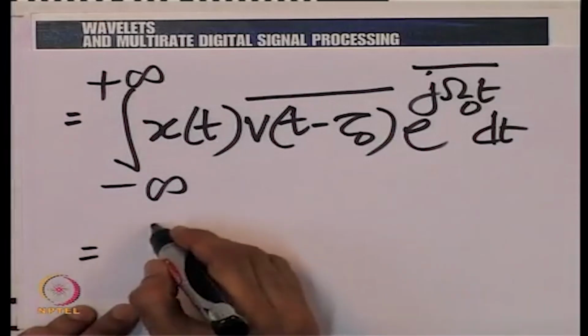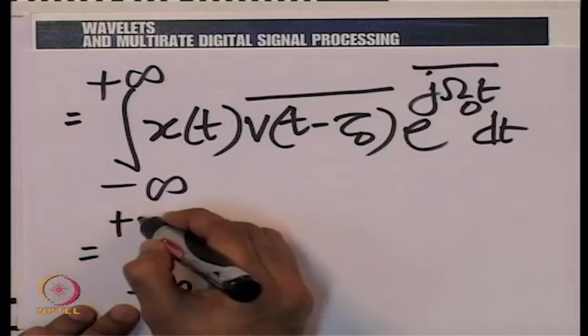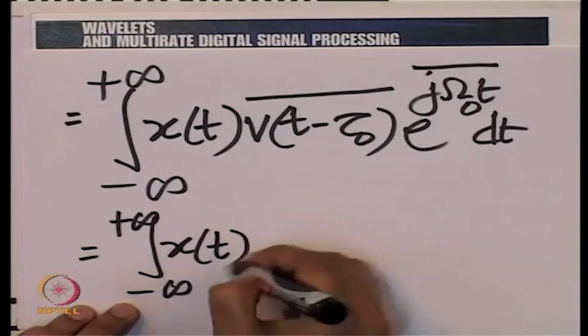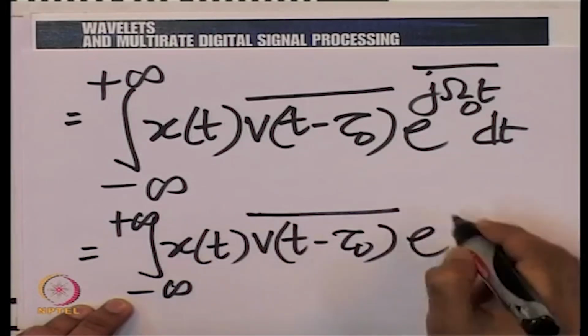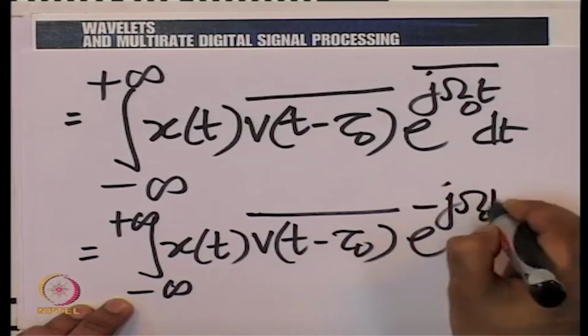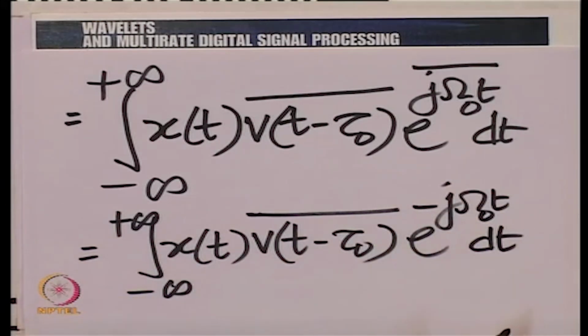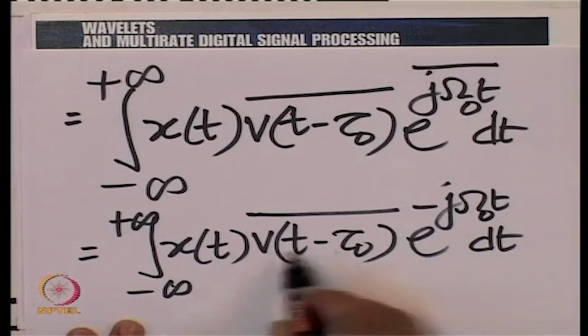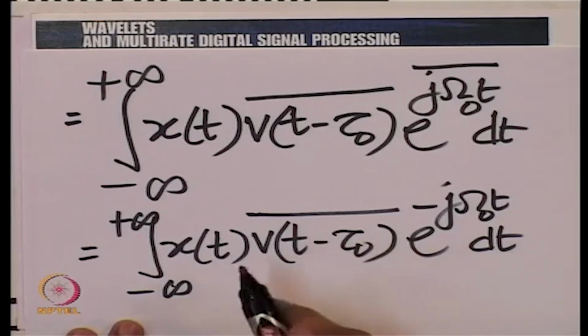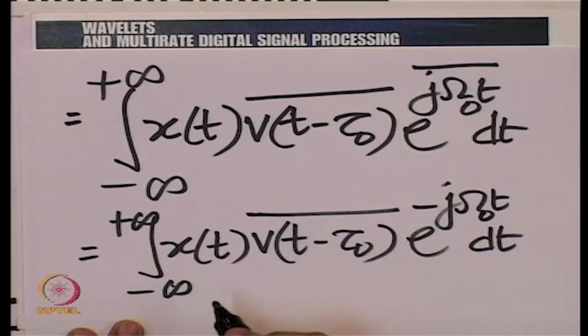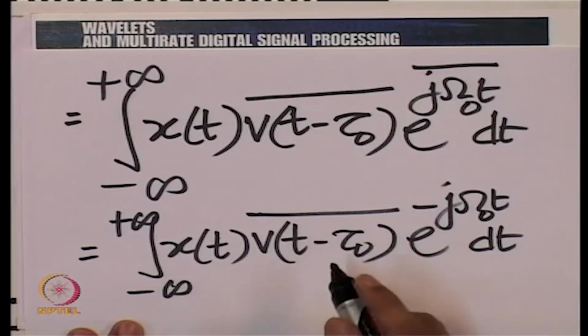And if you please, we could simplify this. Now, a couple of words here. If v(t) is a real function, as we have been considering all this while, whether it is the Gaussian or whether it is the raised cosine or the triangular function, or if you like the extreme case of the rectangular window, this complex conjugation is redundant, it is not required.